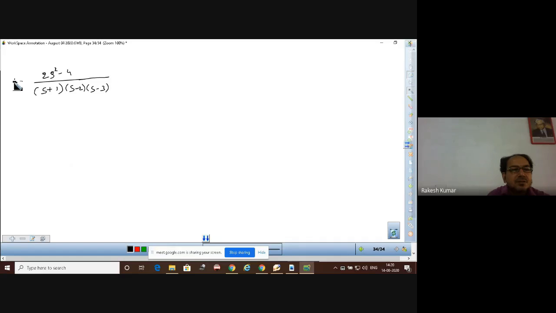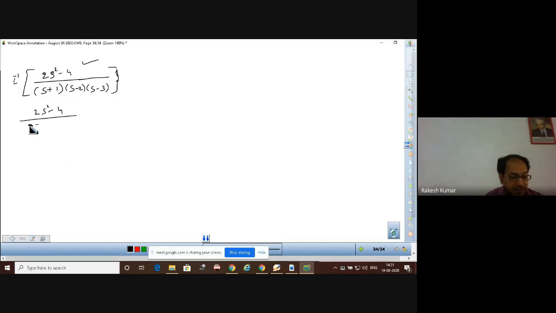Now you just need to find the Laplace inverse of this. Clearly, there is no straight formula for finding the inverse Laplace of this, so you just need to simplify this expression.